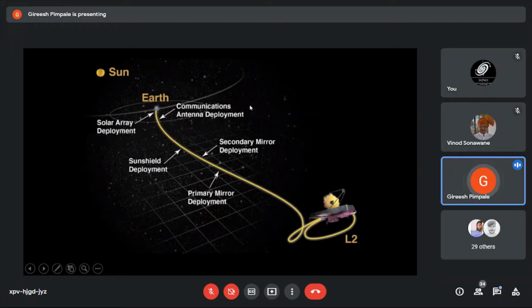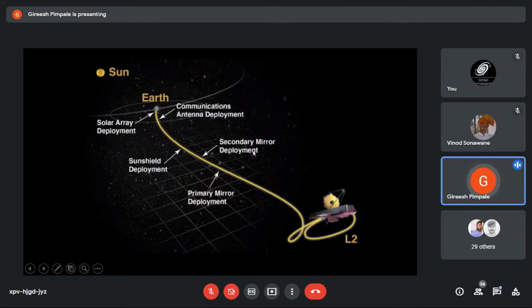So initially the solar array was functional because the telescope has to receive energy, that is power, for its functioning. Then the communication antenna was deployed. Then the third step was sun shield deployment.